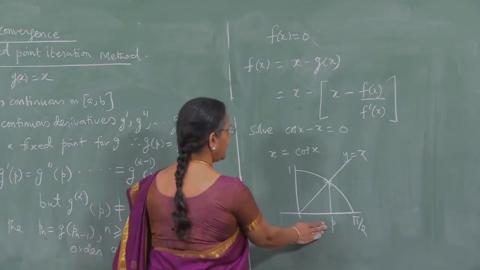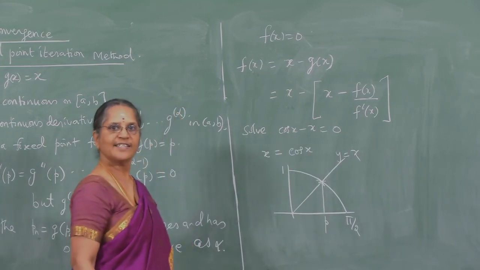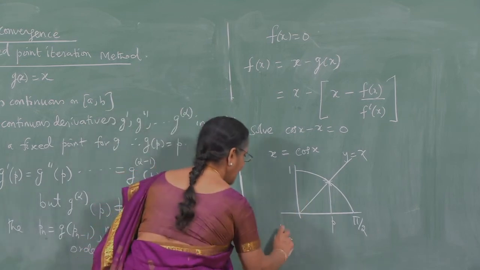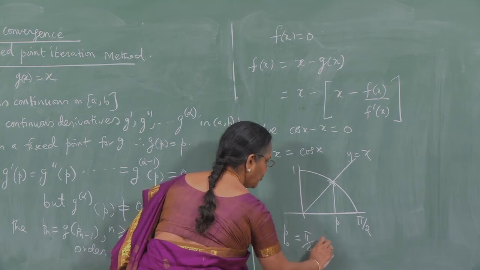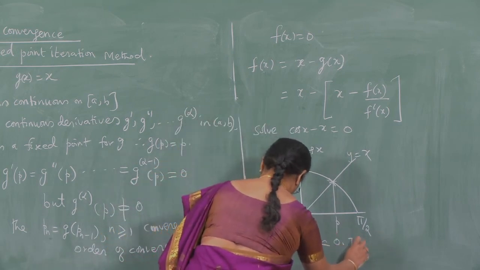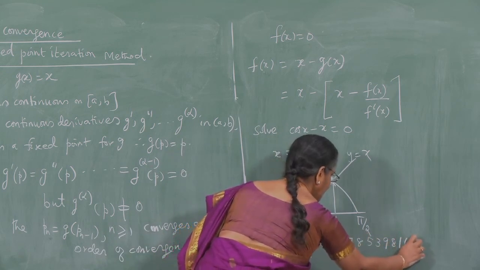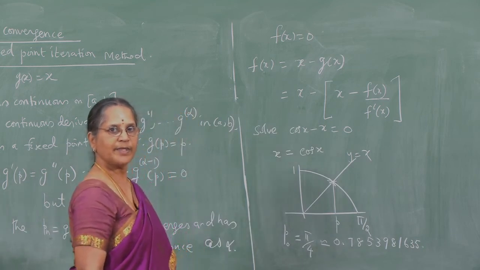This point p is a root of the equation cos x minus x equal to 0. So, let us take an initial approximation p naught to be pi by 4, which is 0.7853981635. Start with this initial approximation.